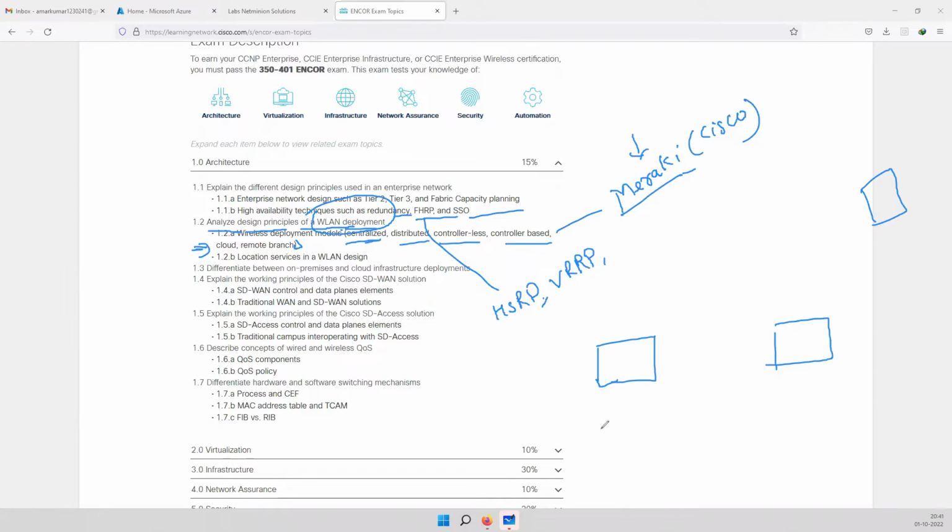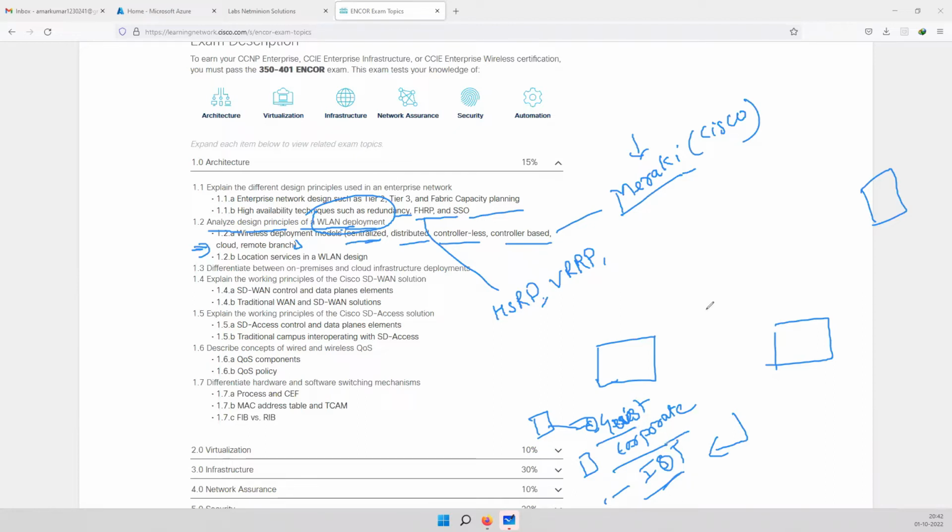Some advertise guest, some corporate, or some IoT. IoT devices connect to the IoT access point, corporate users connect to corporate, and any visitor connects to guest. So how does the segregation happen between these 3 layers of users?